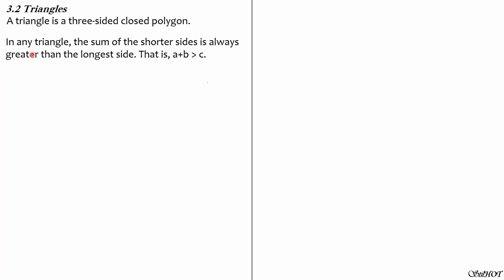But I rephrase it as a corollary to make it more understandable and clear. To make it clear, the sum of the shorter sides is always greater than the longest side. So for example, there's no triangle with sides 1, 2, 3 because 1 plus 2 is exactly equal to 3.